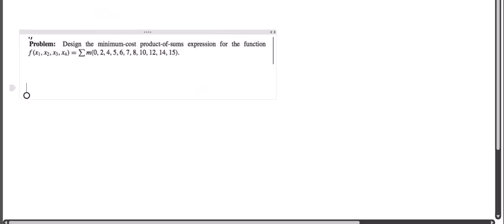So this is asking for the minimum cost product of sums, but what we're given here is a sum of products. We can tell because we've got the sum symbol here, and we're looking for a product of sums.